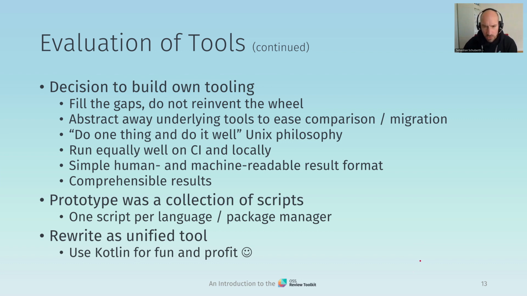And as this turned out to be working, the new tool that was rewritten is basically ORT 1.0. So instead of this loose collection of scripts, a unified tool was written in Kotlin, which was a fancy new language back then that I wanted to give a try. And it turned out to be a good choice by now, actually.